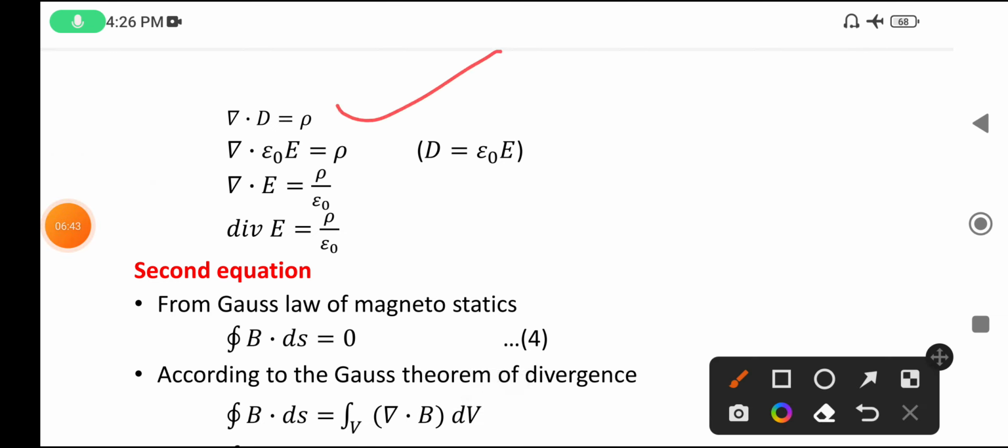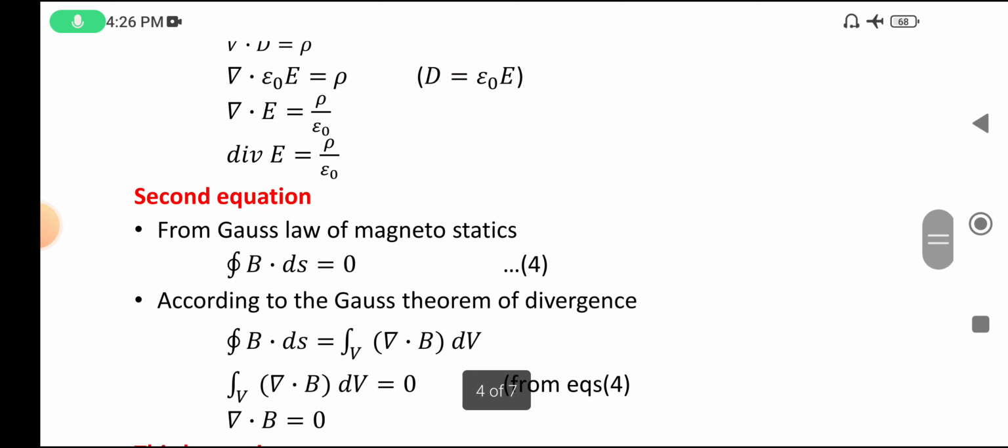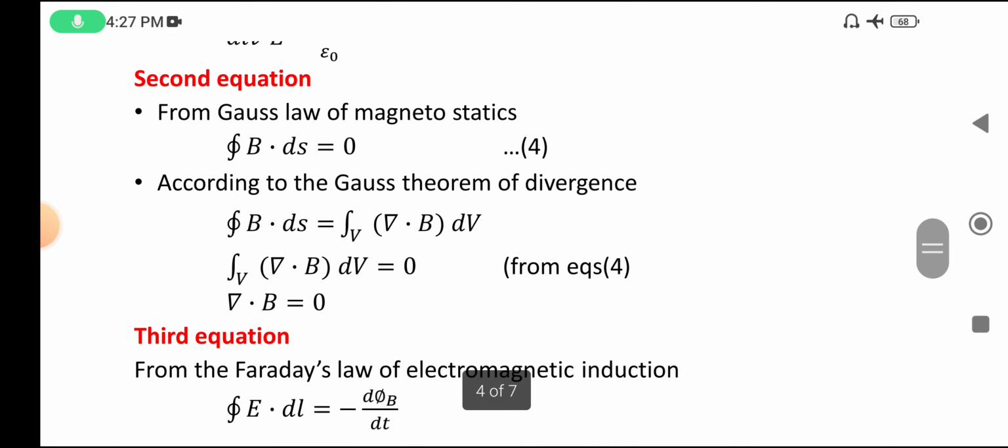Actually up to here is enough, but as you wish, you can also convert it in terms of E. Substitute D with epsilon naught E and bring epsilon naught to this side. So div E is equal to rho by epsilon naught. Okay friends, this is the differential form of Maxwell's first equation. Next, Maxwell's second equation, let me see.